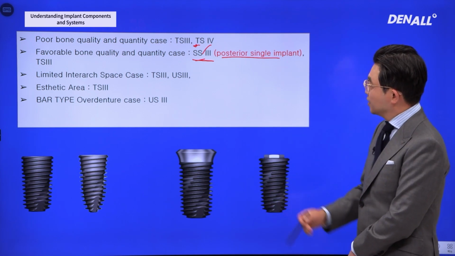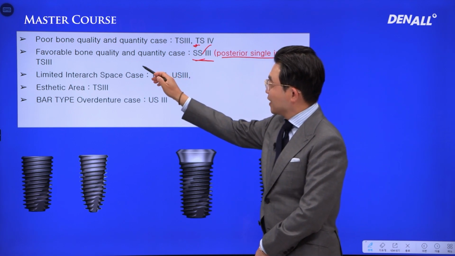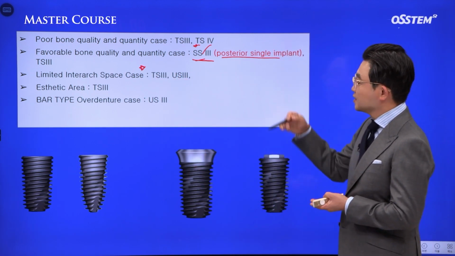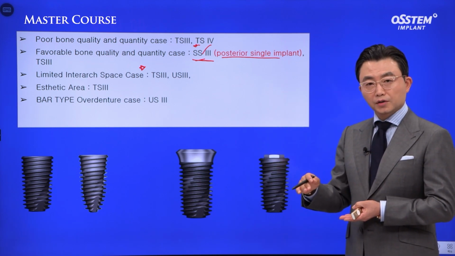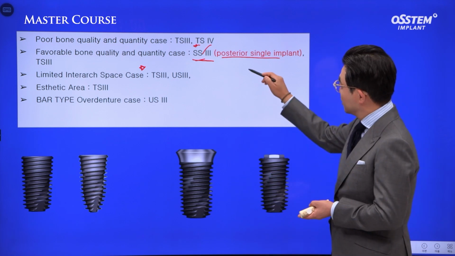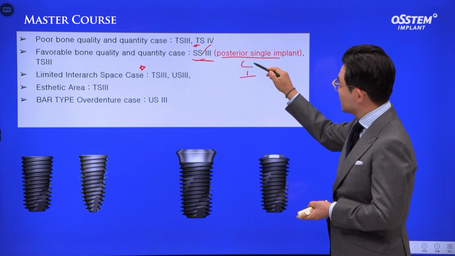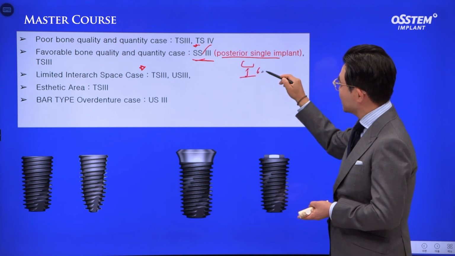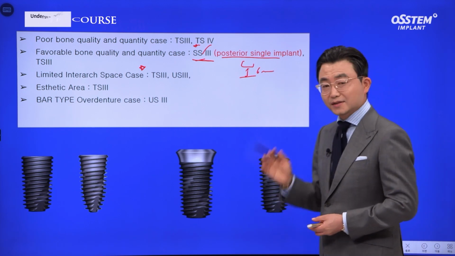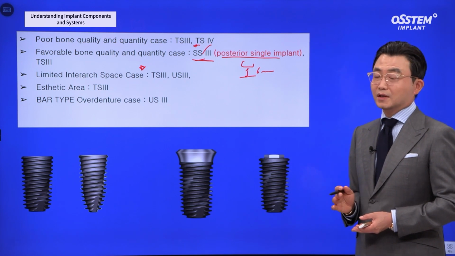Therefore, long-term, it can be more successful. But if there's not much space on the posterior, and especially the upper 7 has come down, then if the distance from soft tissue to the opposing teeth is less than 6 millimeters, placing the SS system will result in failure.